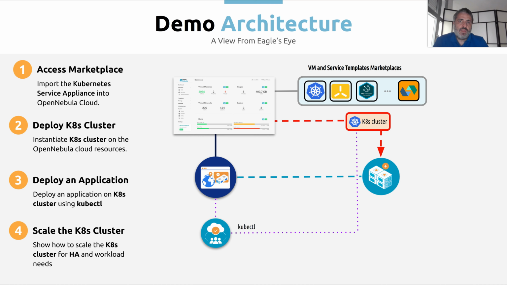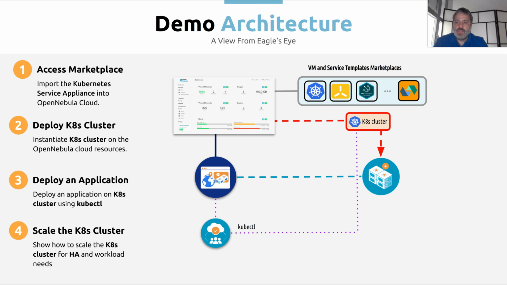And then we are going to use the configuration file from the Kubernetes cluster, and using kubectl, deploy an application on the Kubernetes cluster, showing some of the features that I talked about, like the persistent volume, the load balancer type, and so on.